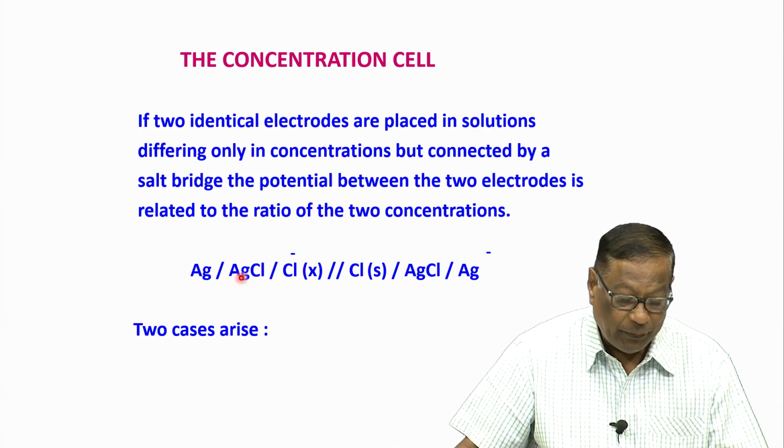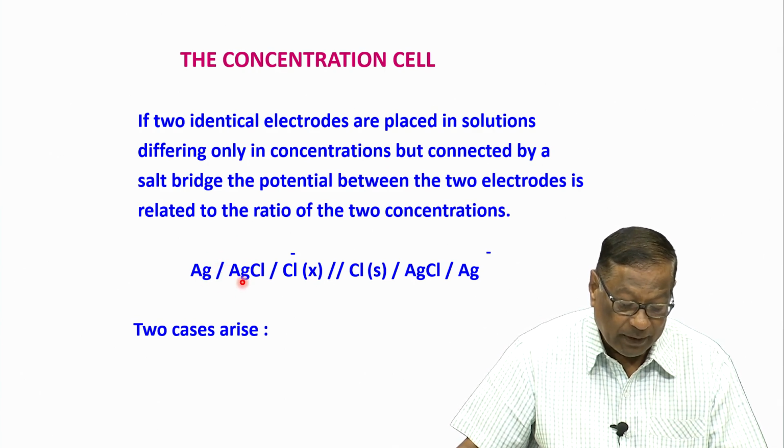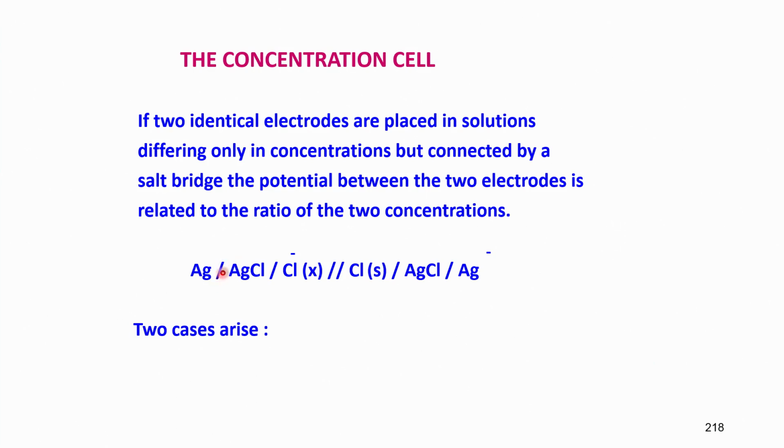Silver chloride electrode, okay, silver electrode in contact. This line represents a single contact. Silver is in direct contact with silver chloride precipitate, and here it is liquid solution, in contact with silver ions in the solution of concentration x.